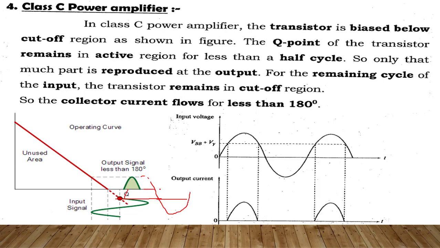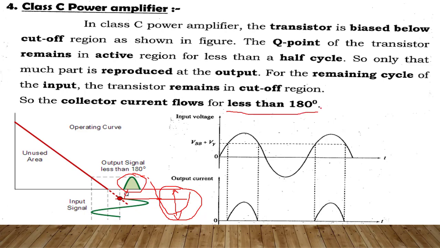Up to 0, after this portion we won't get. Already I told you, only the positive portion in the transistor we are getting. So only some portion of the part we are getting. It is always less than 180 degrees, because the Q point is here, the Q point below is 180 degrees. Anyway I am not getting it, but here there is a possibility a small part may be present. So it is called less than 180 degrees.